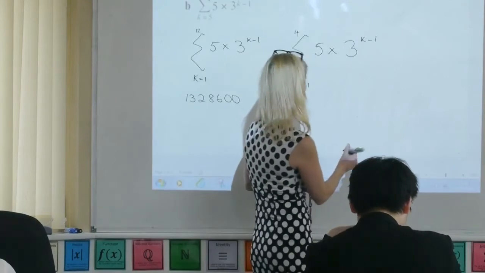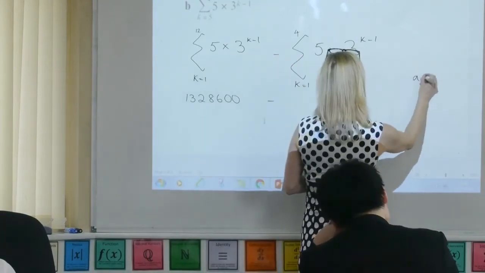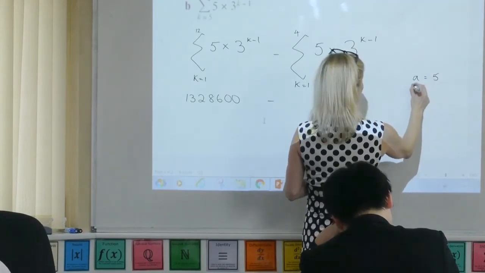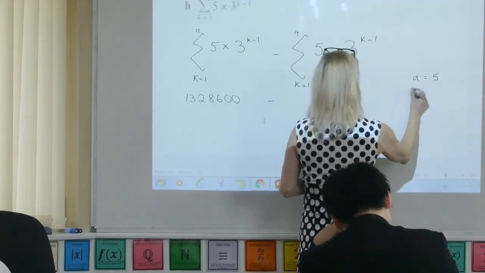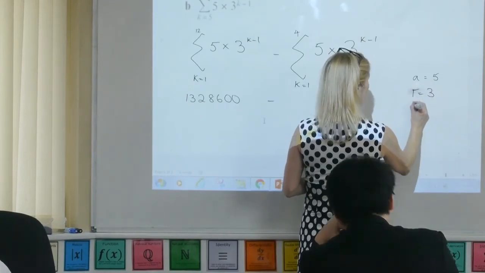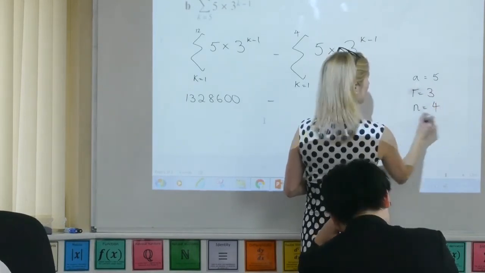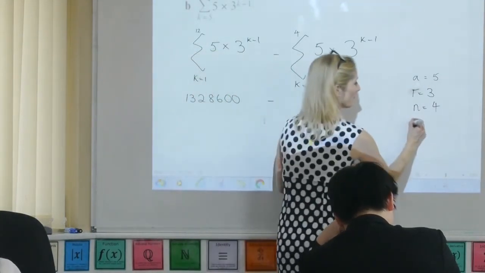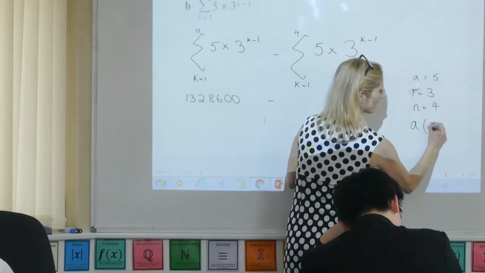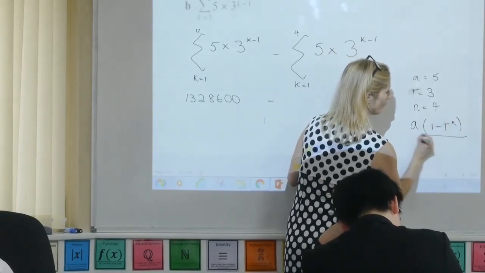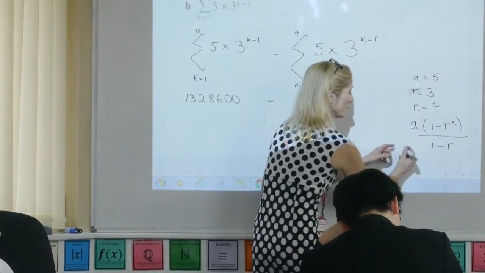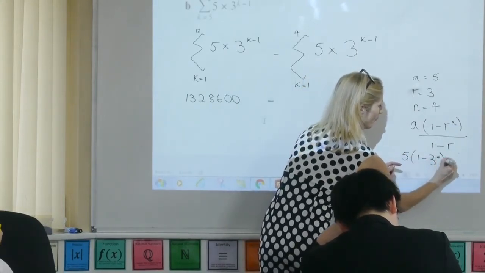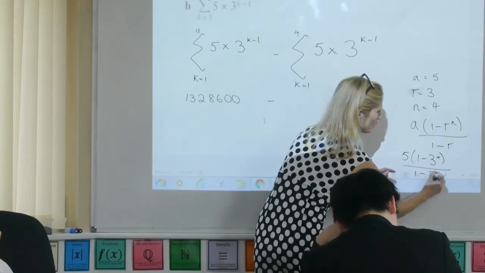So I know that a is going to be 5, r is going to be 3, and the number of terms is going to be 4. So I'm substituting that into my formula: a bracket 1 minus r to the n over 1 minus r. 5 times 1 minus 3 to the power of 4 over 1 minus 3.